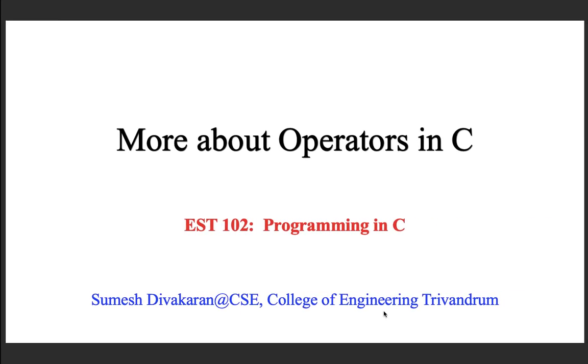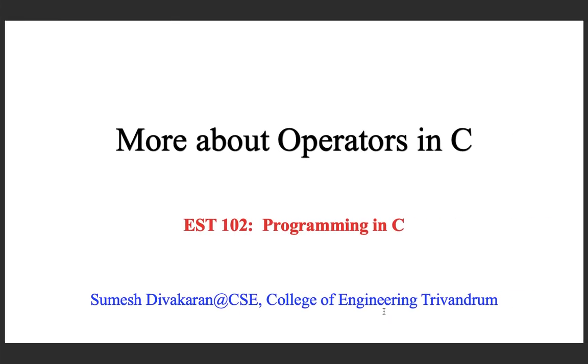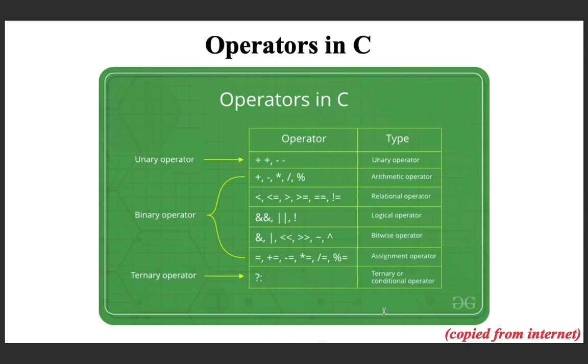Today's agenda is to discuss more about operators permitted by the C programming language. So that's the topic for today. These are the various operators allowed by the C programming language.